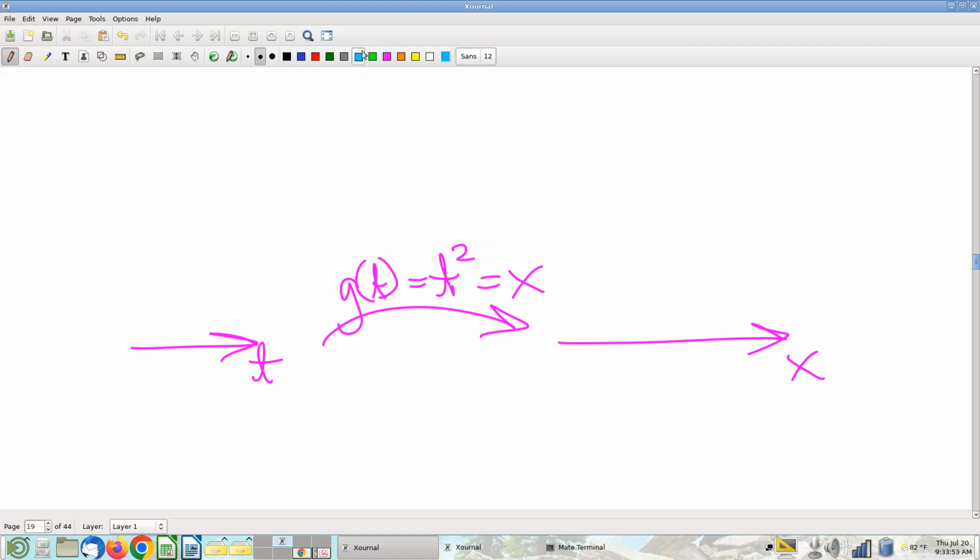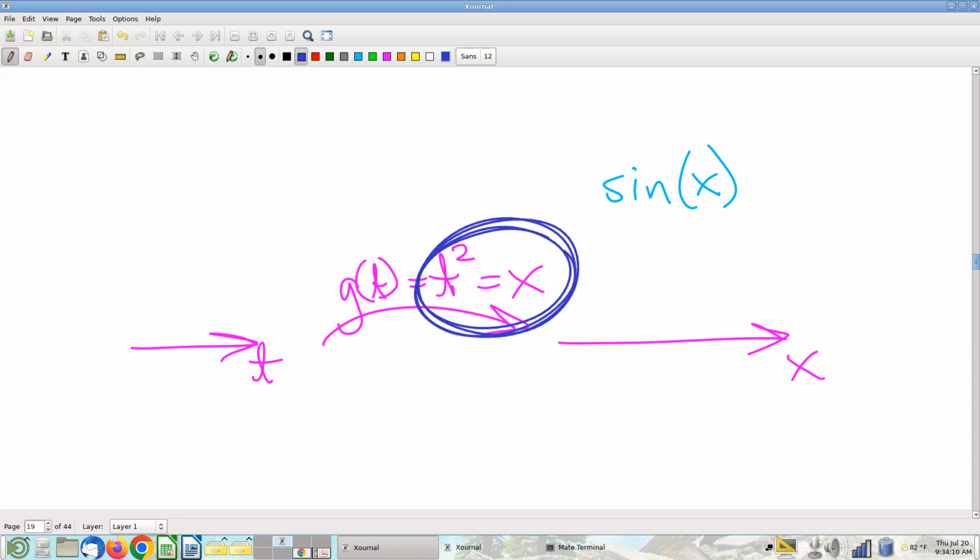If I have a function over here on the right, such as sine of x, this is in terms of x, so I'm thinking of this as an expression on the right. If I plug this into there, well, the result is sine of t squared.